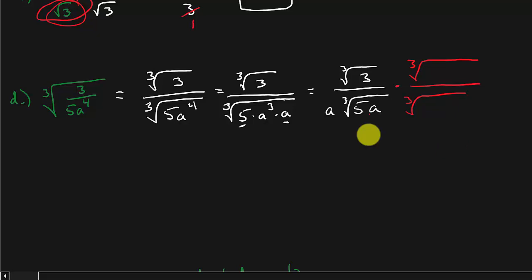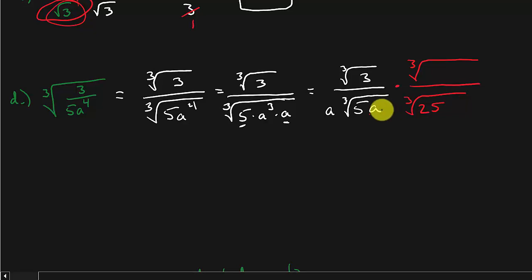Let me tell you how you have to think about this. You look at this and you say, okay, what can I multiply to 5a so that I get a perfect cube? Well, 5 times 25 is 125, and the cube root of 125 is 5.